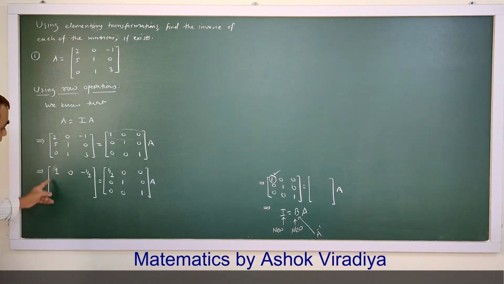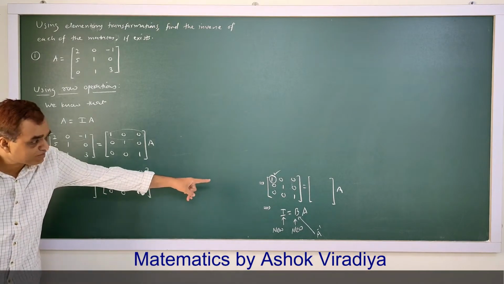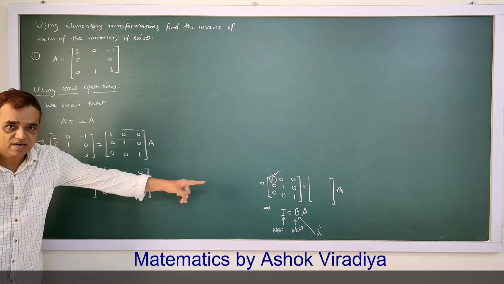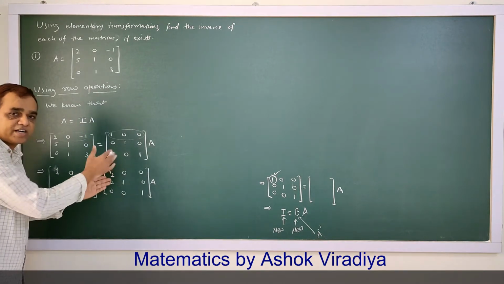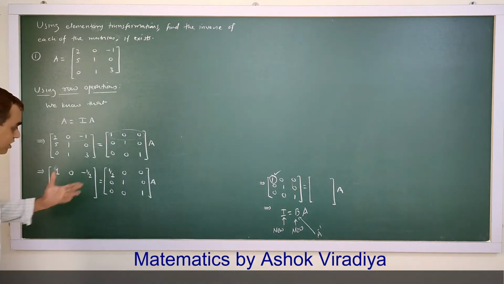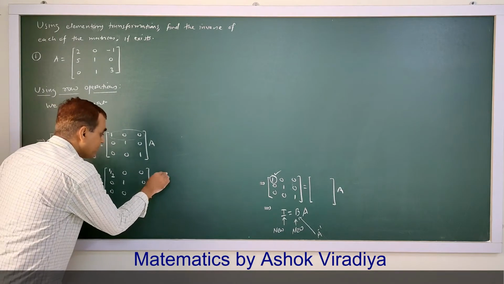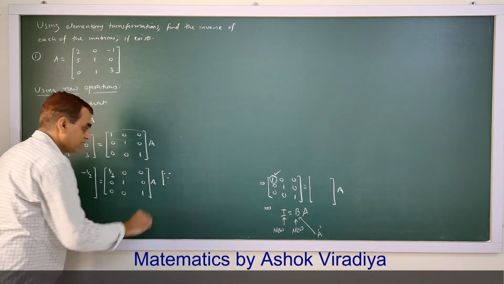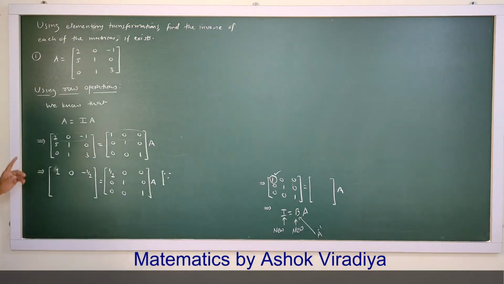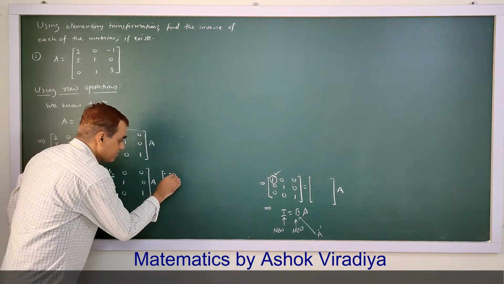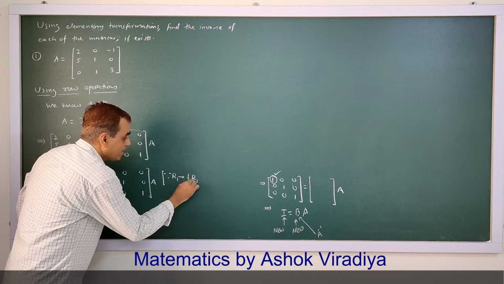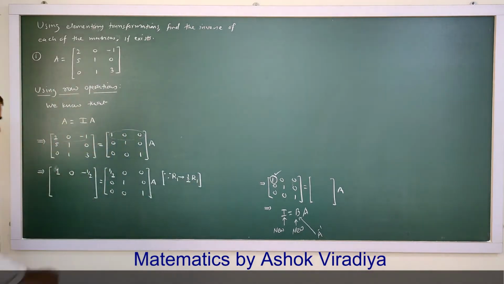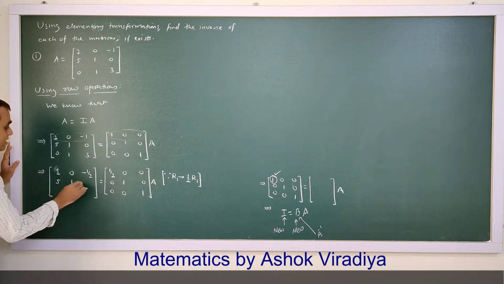Left hand side steps will be created by observing the last requirement, and here there will be parallel creation on the right hand side. So what is done here? Whatever done here, showing the reason here, first row is multiplied by 1 by 2. This is done. Second and third row as they are.